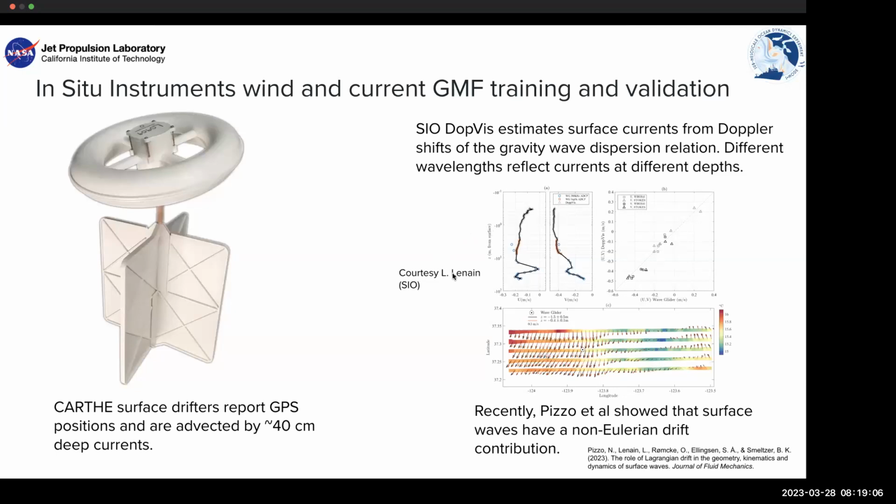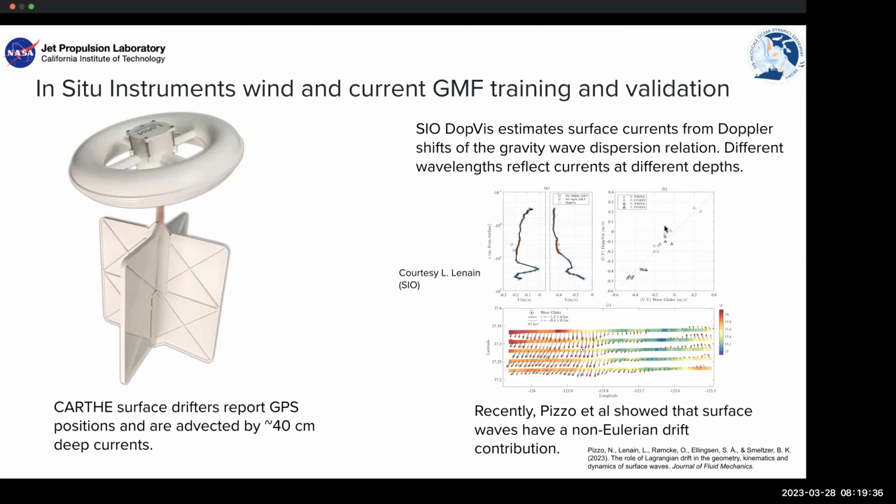And so here, courtesy of Luc Lenain, who is the PI for DopVis, are some ADCP currents up to about 4 meters, and the DopVis currents as inferred as a function of depth. To the right is the level of validation that DopVis has against wave gliders.